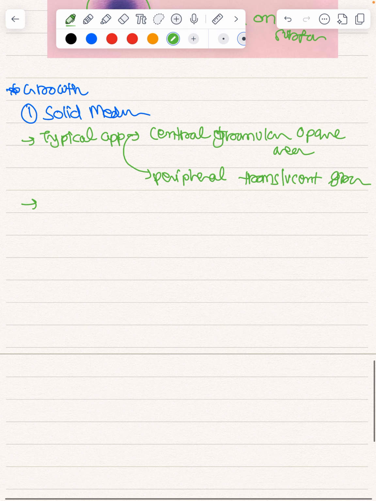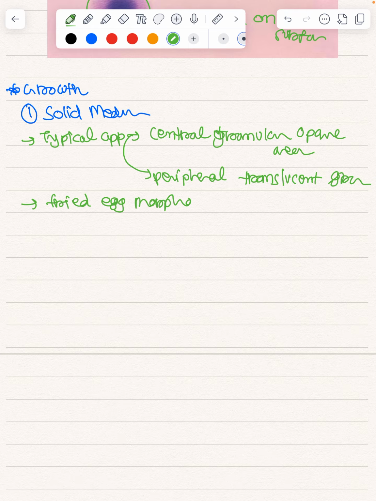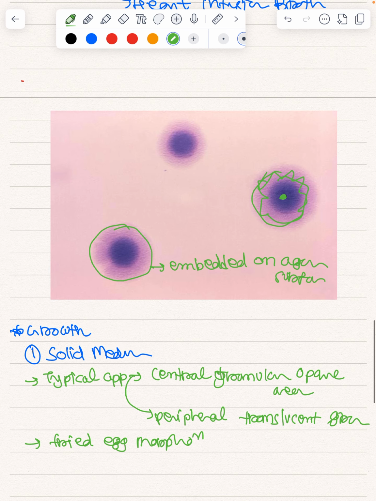This appearance is known as the fried egg morphology, the fried egg appearance of the Mycoplasma. So this is like a fried egg.